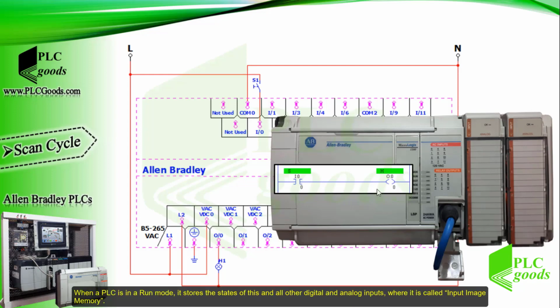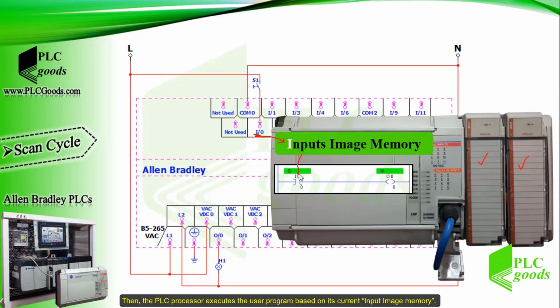When a PLC is in run mode, it stores the states of this and all other digital and analog inputs in what is called input image memory. Then the PLC processor executes the user program based on its current input image memory.